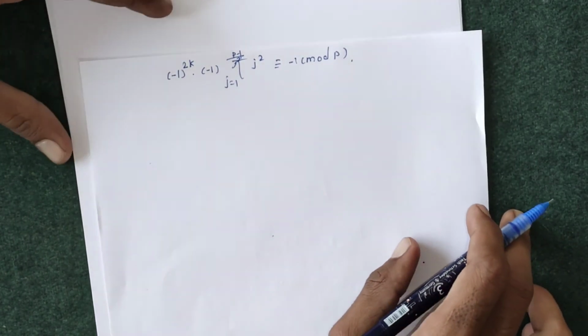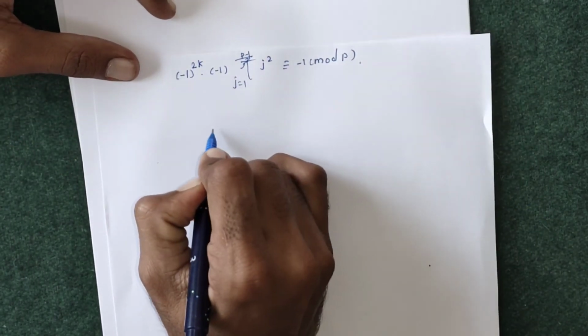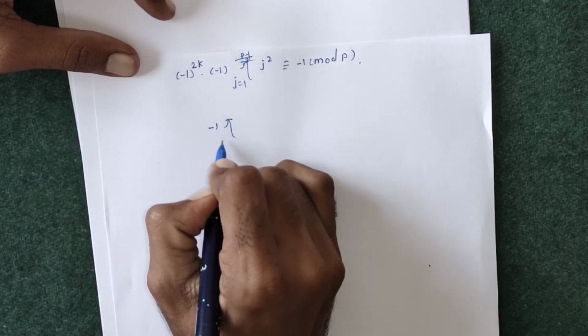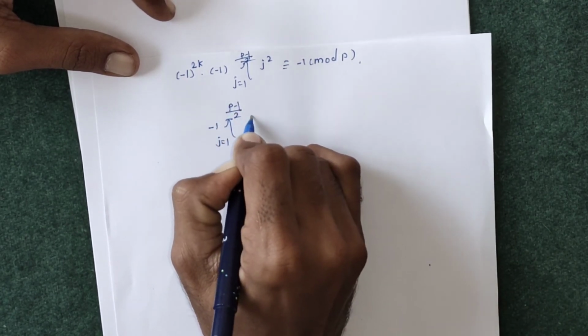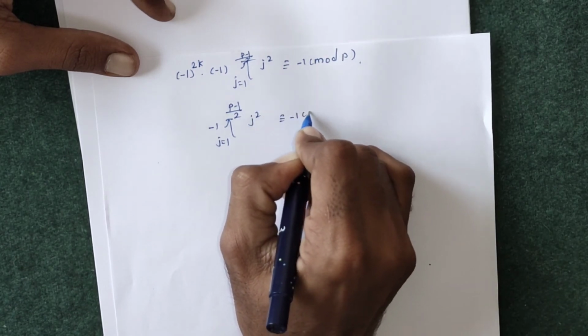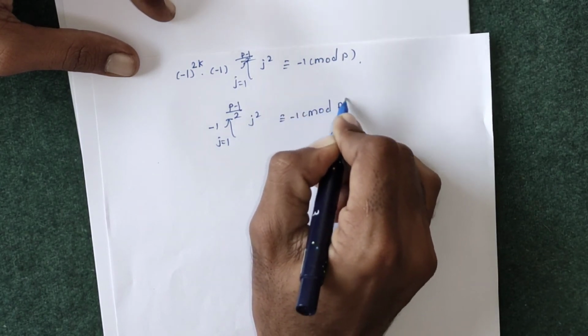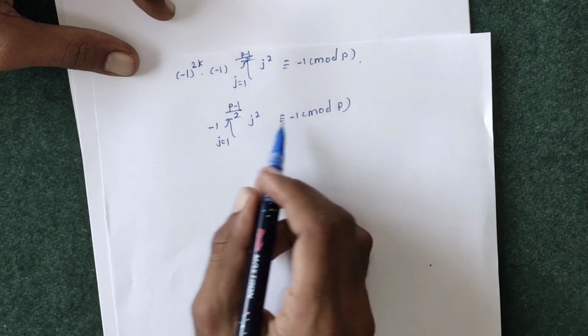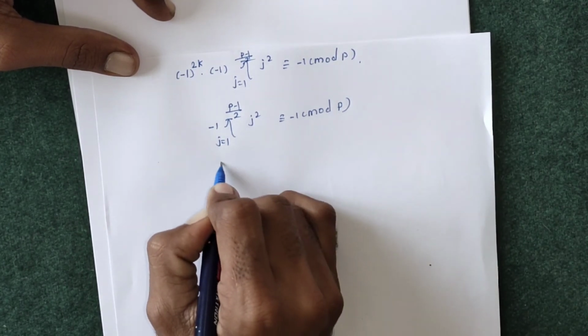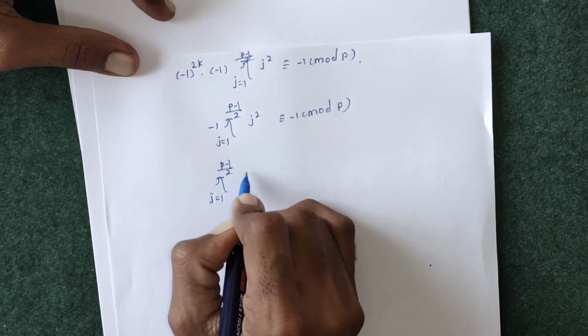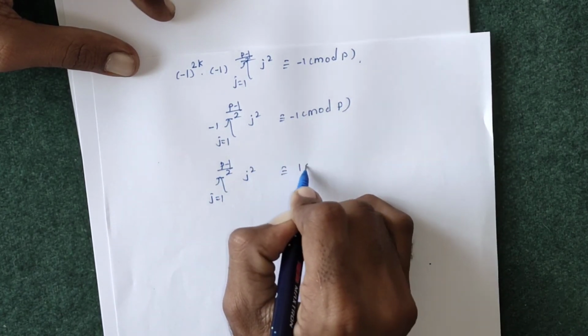So, (-1) raised to an even number is 1. So, we get -1 into this product, j running from 1 to (p-1)/2 of j², is congruent to -1 mod p. Now, multiplying by minus sign on both sides, we get this product of j² is congruent to 1 mod p.